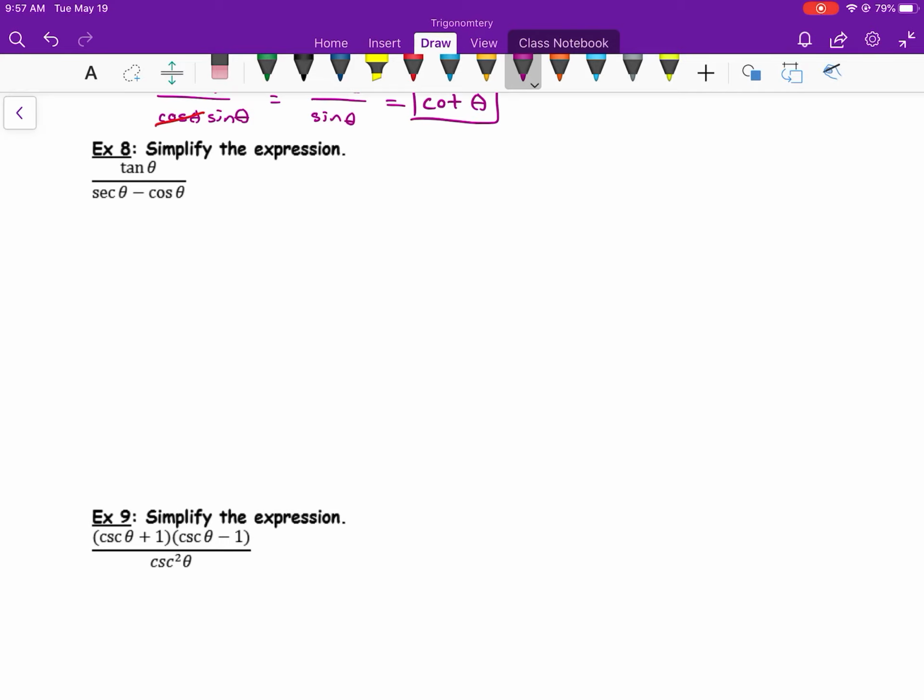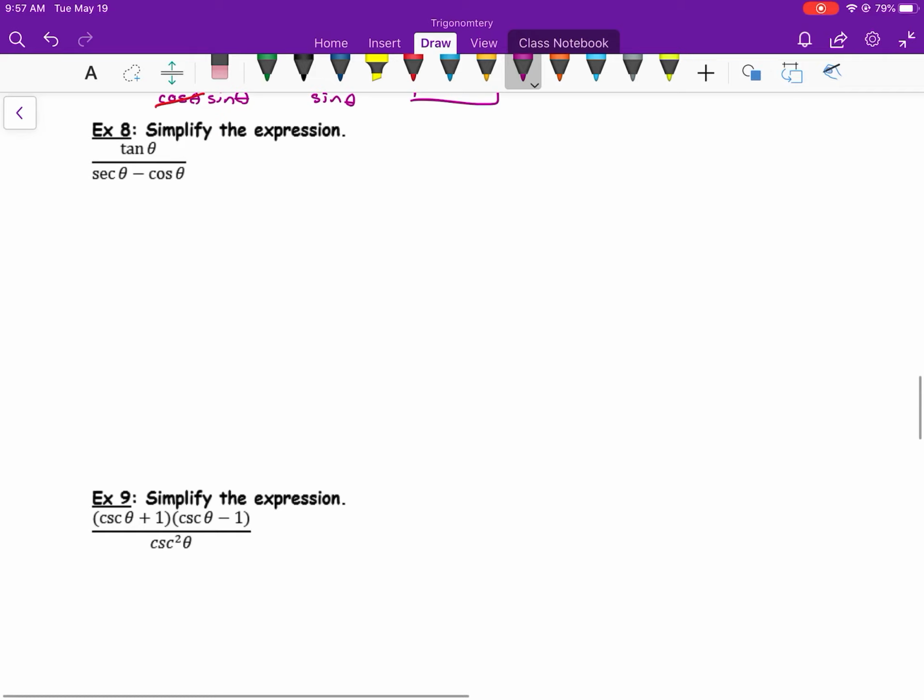Alright, so now we're going to do example 8. I have tangent over secant minus cosine. I know tangent is sine of theta over cosine of theta, all divided by secant, which is 1 over cosine of theta, minus cosine of theta over 1. So we need some common denominators here.